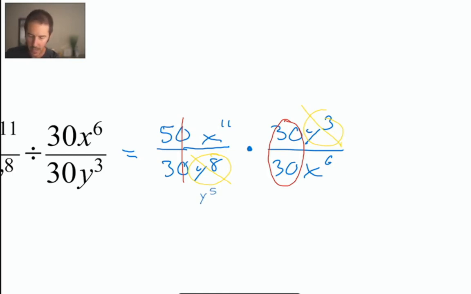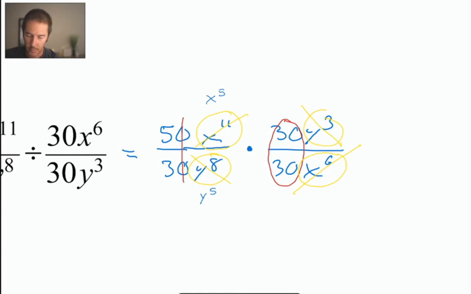And something similar happens with our x variables. I've got 6 multiples of x down here and 11 of them up here. So these 6 on the bottom are going to cancel out 6 of these 11 in the numerator, leaving me with only 5 of them, so I'm going to write an x to the 5. Now the other way that you could do that is upper exponent minus lower exponent.